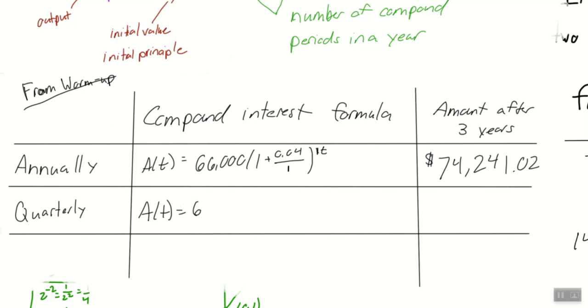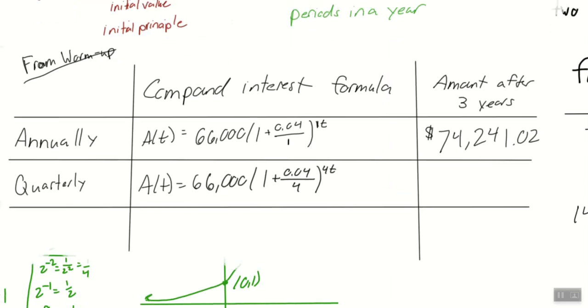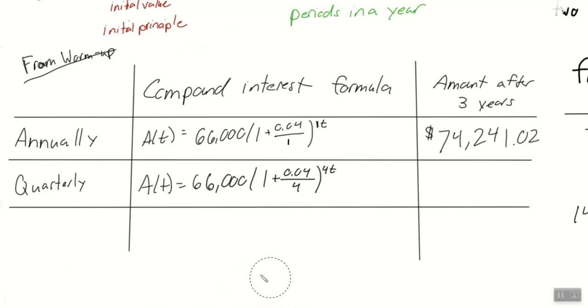Yes, our denominator, which is r over n. What should it be, Angel? Yep, 4. And then figure out the amount after 3 years. And then try monthly.